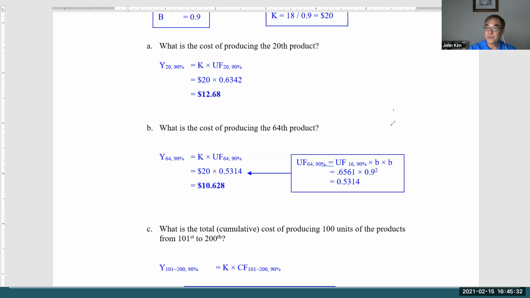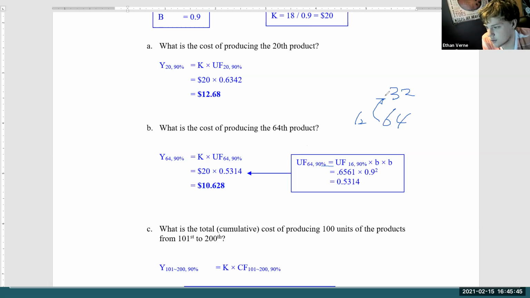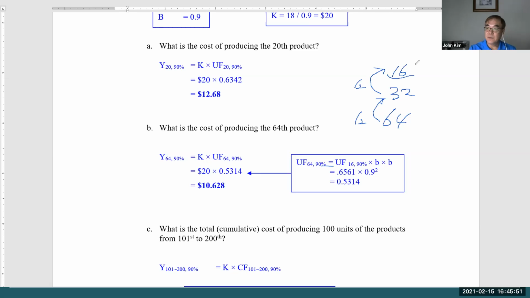From the chart, you cannot find 64. Then try dividing by 2, then 32. Still cannot find, divide by 2, then 16. You can find the 16.